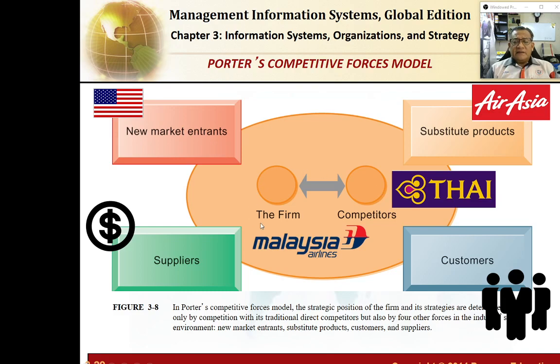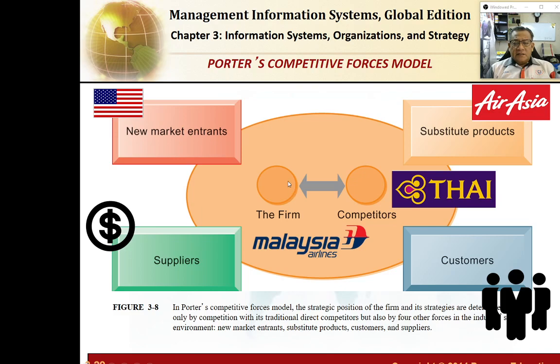So Malaysia Airlines needs to manage its IT infrastructure at least comparable, or almost at an equal level, with what Thai Airways has, right? If Thai Airways has a service based on IT-driven check-in, for example, or IT-based online booking, Malaysia Airlines must have that kind of facility too, or else Malaysia Airlines will lag behind in terms of IT infrastructure offerings.